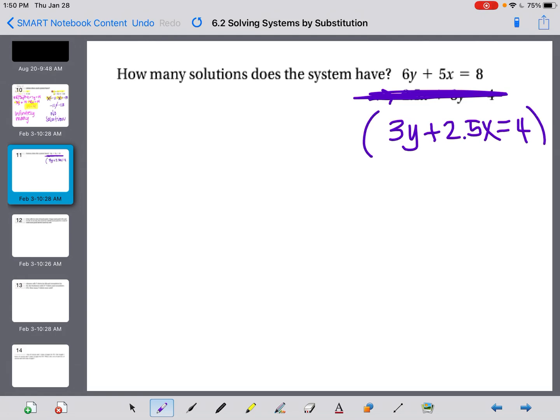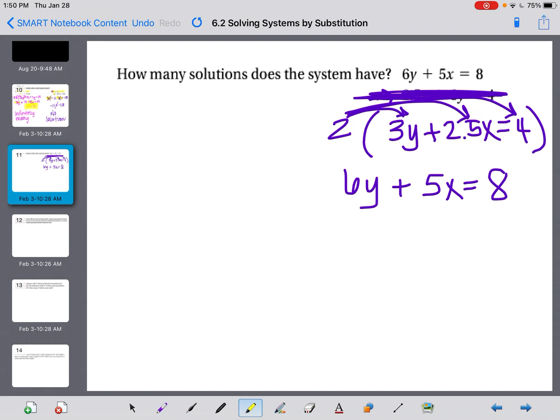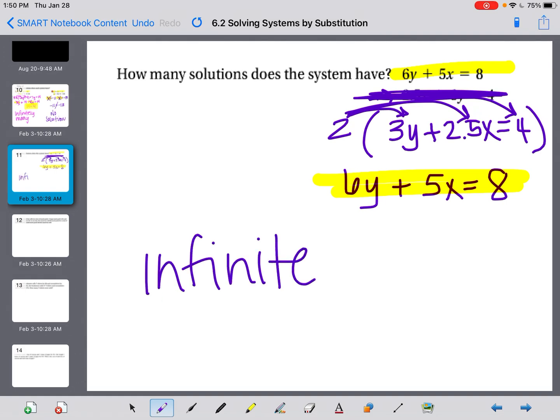So if I take this whole thing and I multiply by 2, which is an option, I will have 6y plus 5x equals 8. Okay, then if you notice, this equation is exactly the same as this equation. And remember when we talked about graphing, if they were the exact same equation, they would touch at every single point. So this one is also an infinitely many situation.